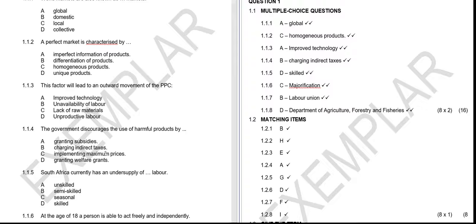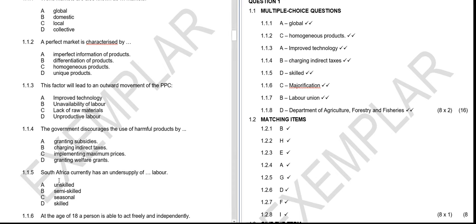So when those taxes are increased on harmful products, it means the price is also going to increase, making it more expensive. In that case, remember the relationship between price and quantity demanded. When the price increases, quantity demanded is going to fall, and thereby we are controlling the purchase of those harmful products. So we have B as the correct response on number 4.